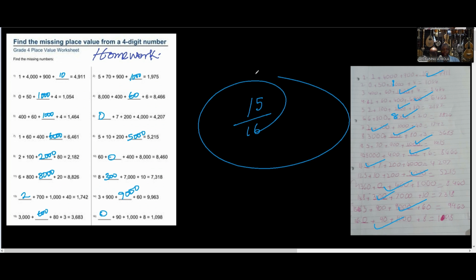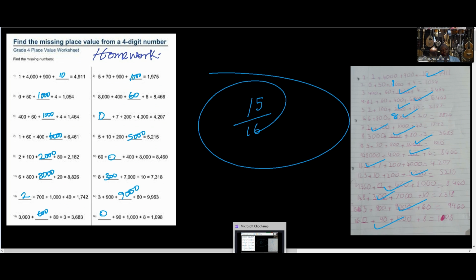So 9,000 is missing. And the last one, 1,098. This is 90 and 1,000, so 8 is missing. Okay, there's 8 there, right? So nothing is missing. So this is correct. So that's 15 out of 16. You would have gotten everything if you had gotten this number 2.